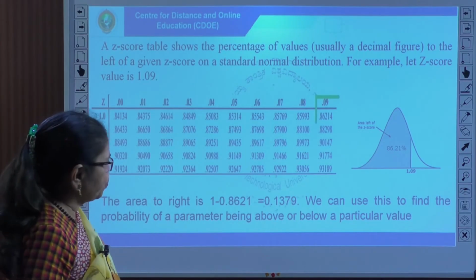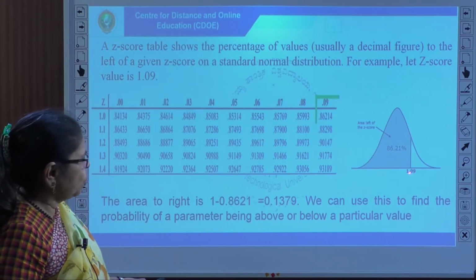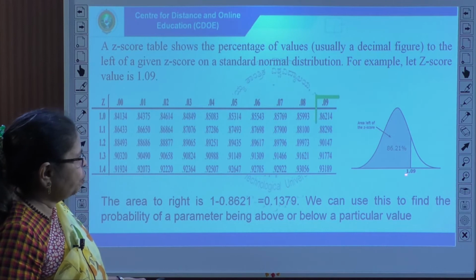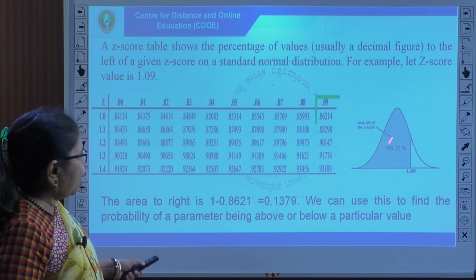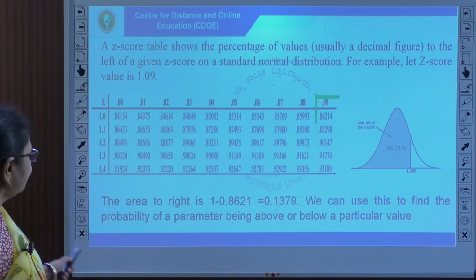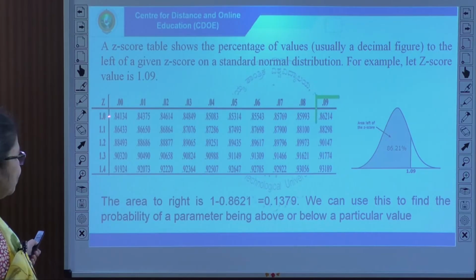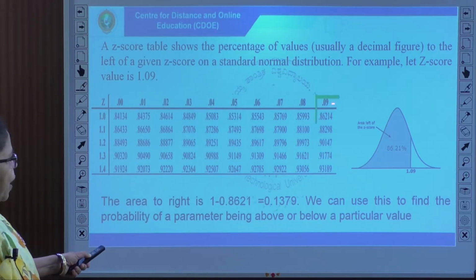What does this mean? For example, if my Z-score is 1.09, then how do I get it? This is my Z table, just see here, this is 1 and this is 0.09. So, this entry for 1.09 is 0.86214.